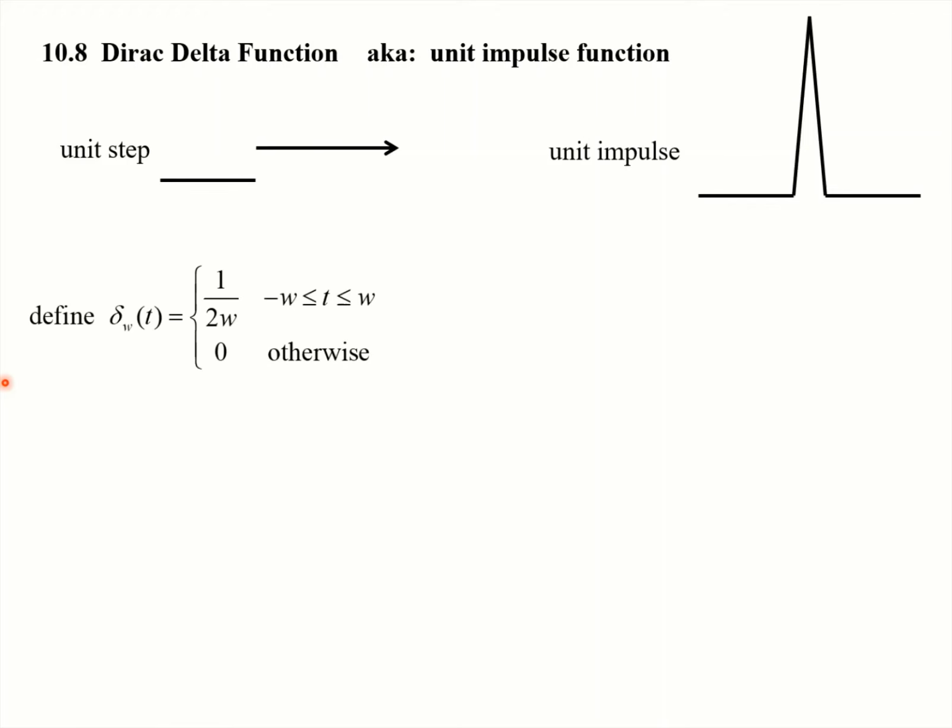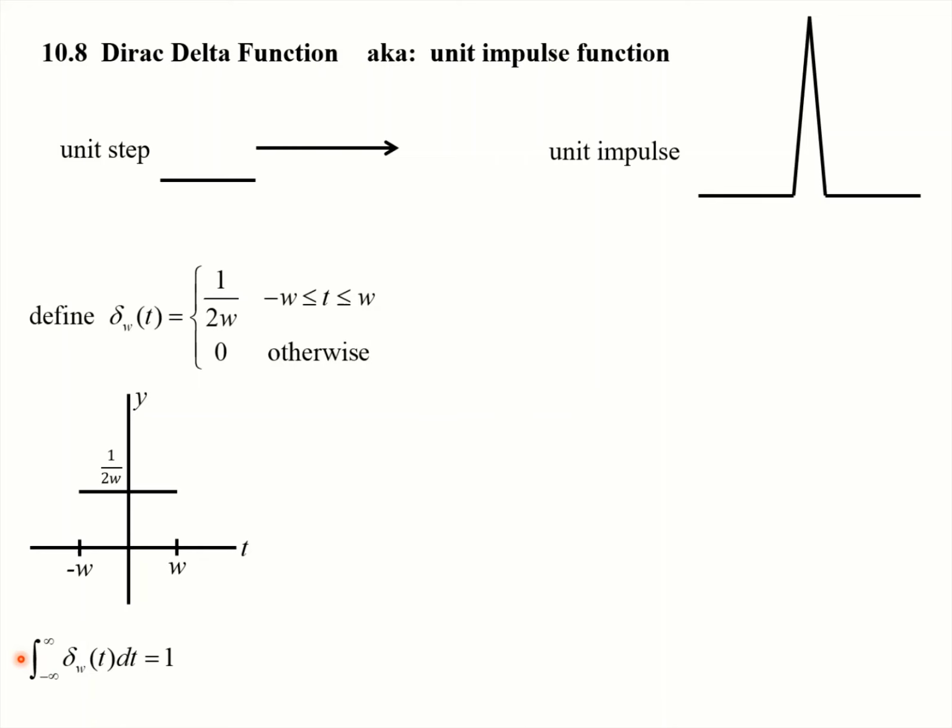We're going to define delta sub w equal to 1 over 2w between negative w and w, and 0 otherwise. So what does that graph look like? It looks like that. Now, if you look at the area under the curve of that graph, the area is actually 1. From negative infinity to infinity, the area is 1.